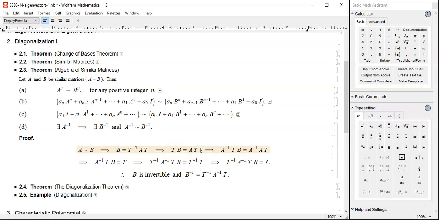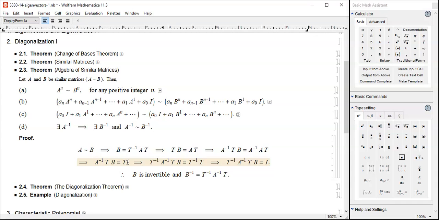TB is equal to AT like this. And then we want the inverse matrix. So instead of just taking T inverse, let's take A inverse as well. So take A inverse there, A inverse there. That'll cancel this A out, because that's identity. So what do you get? A inverse TB equals T.